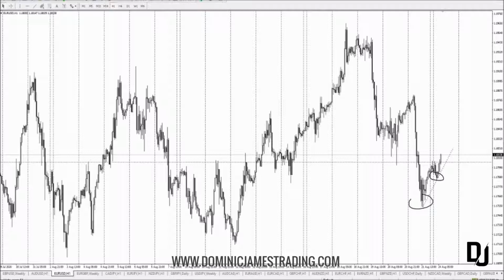We'll look for a breakdown of this. We'll obviously have to let Monday unfold, but at the moment this is Monday's low. If we can break this structure, break Monday's low, that's where I'll be looking for selling opportunities, with stop placement probably above swing high and looking for previous weekly lows.